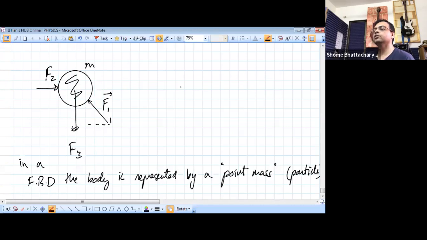So instead of showing the whole body of mass m, we just represent it by a single point mass, and then show the same vectors acting on it.